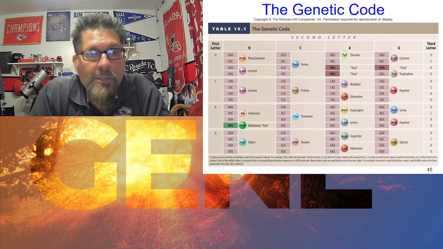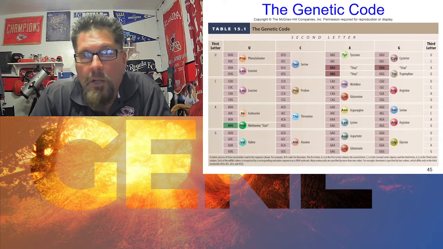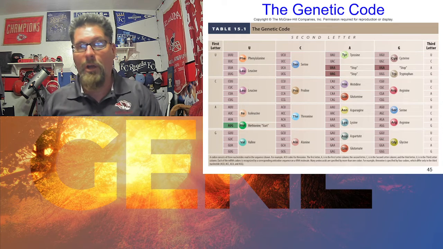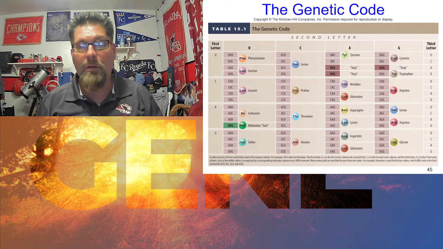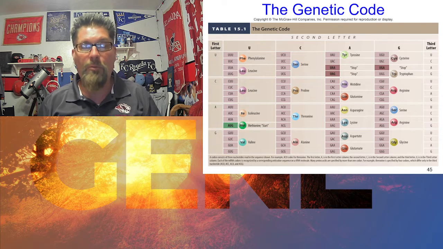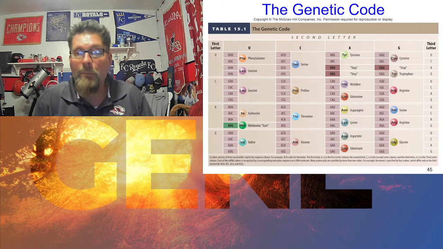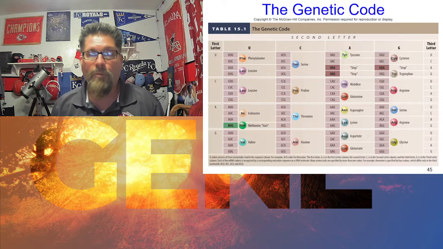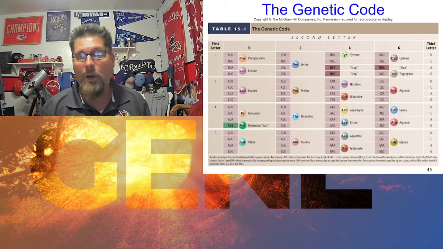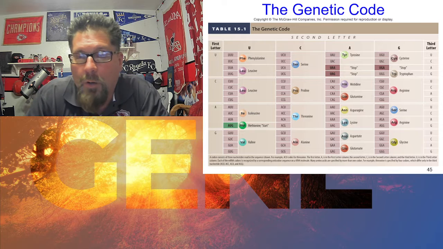And of course, this is the chart that we saw earlier, the genetic code amino acid chart. Just a reminder that the take-home here is that specific codons code for specific amino acids, but that amino acids can be selected for by a variety of codons.